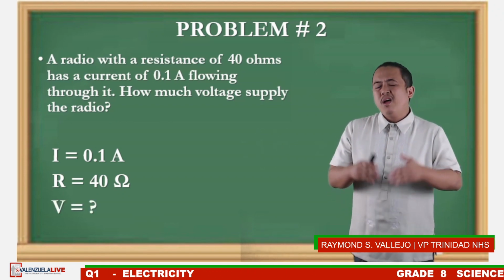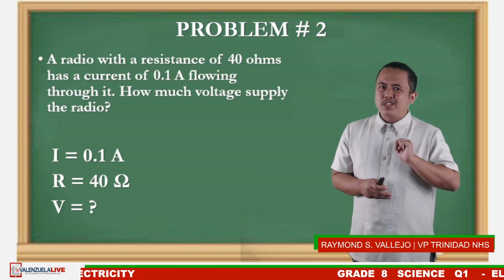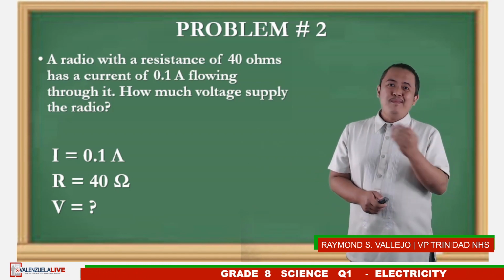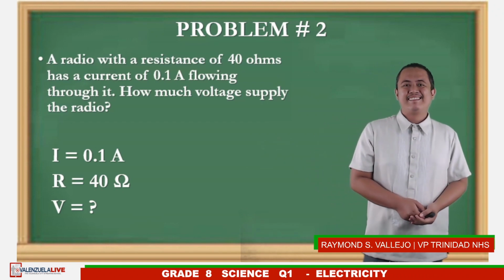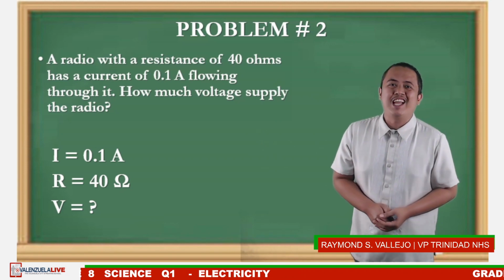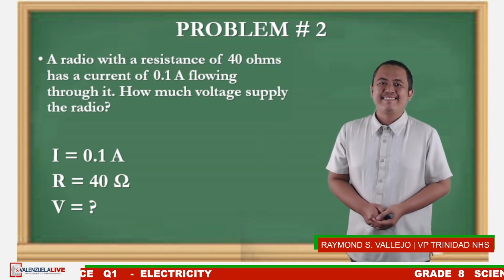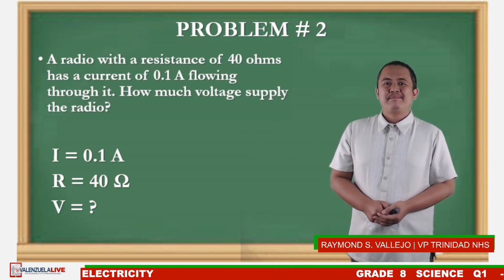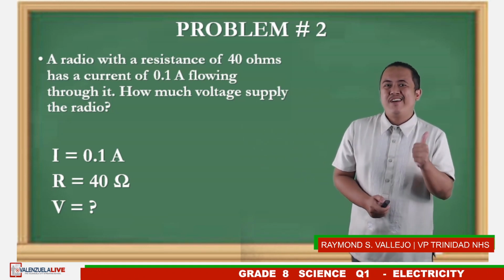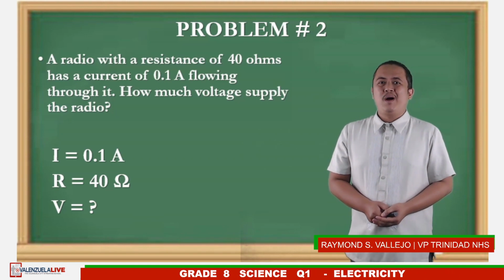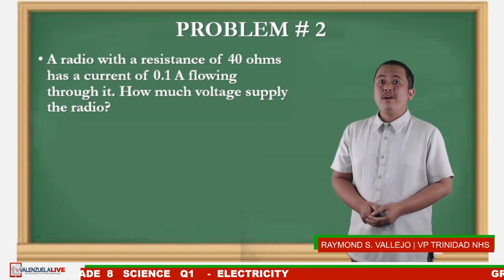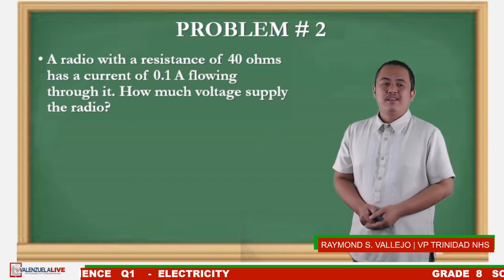So we are going to determine the formula for voltage using the equation triangle. What is the formula? How are we going to compute for the voltage? Have you identified it already? Correct. Voltage is equals to I times R, or current times resistance.